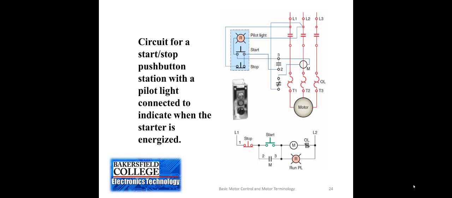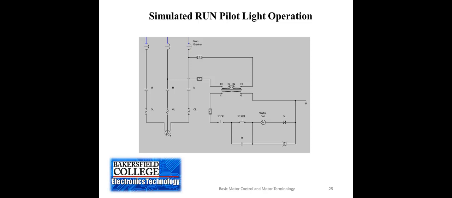So when the motor starter coil is energized, that same voltage is going to the pilot light, so the pilot light will glow. Generally when we put pilot lights into a circuit, we're either putting them in parallel with coils of contactors or relays, or we may have a separate rung where the pilot light goes through one of the relay contacts and gets its power that way. Here's the same type of circuit that's shown on the slide before it in the constructor software format.